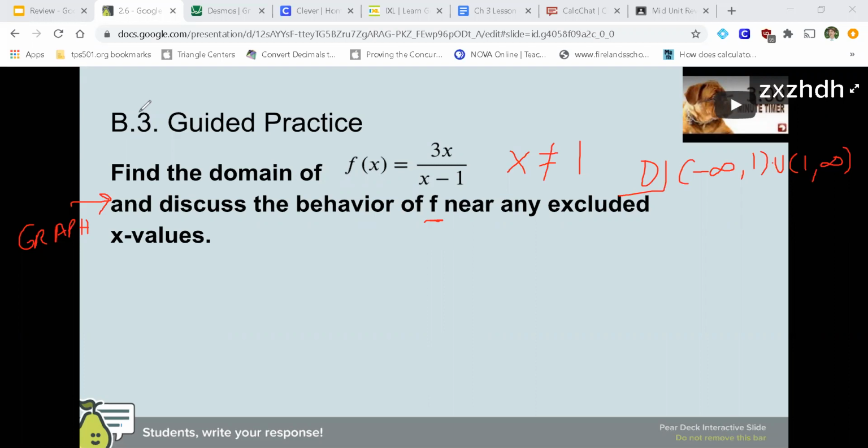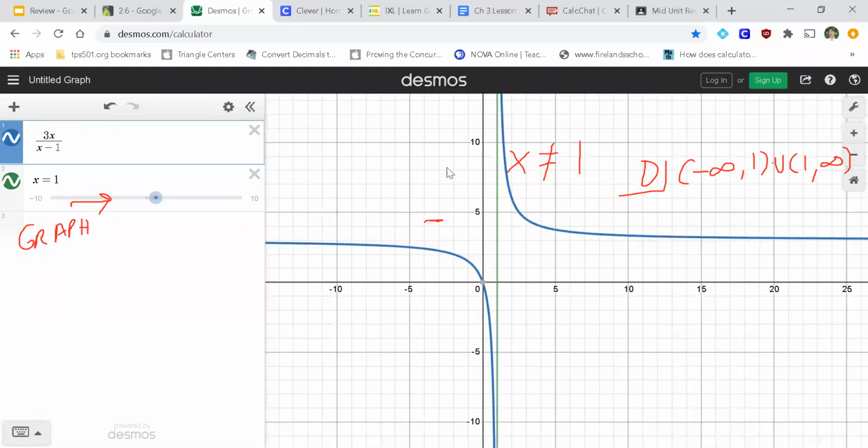All right, if we graph this, it looks like this in blue. I have also graphed in green the vertical line where x is 1. So we can see what happens as x approaches 1 from the left.